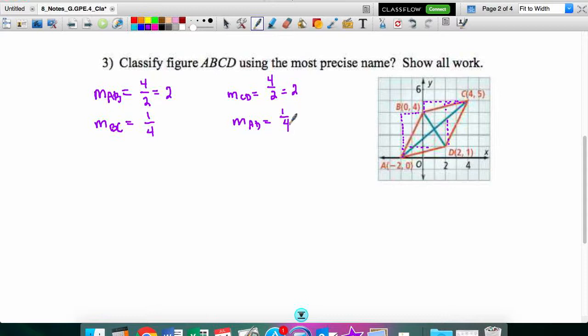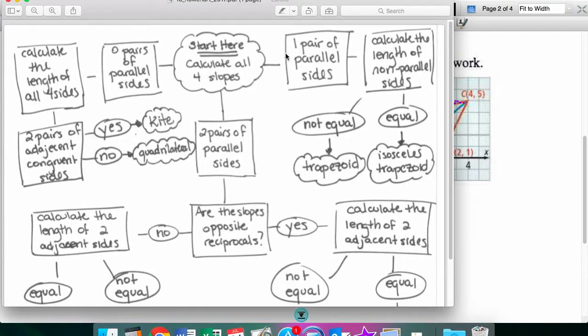So 1/4. So it looks like we have one matching pair of 2's and one matching pair of 1/4. So let's look at the flow chart and see what we have. So we either have 0 pairs of parallel sides, 2 pairs of parallel sides, or 1 pair of parallel sides. And if you recall, parallel sides are when we have matching slopes. Here we have 2 pairs of matching slopes. So that means we have 2 pairs of parallel sides.